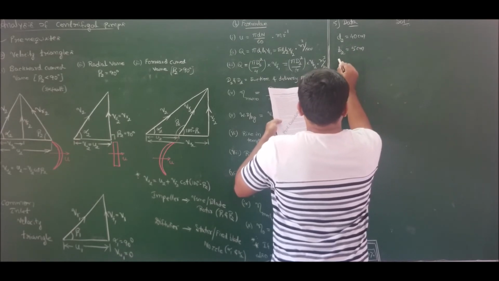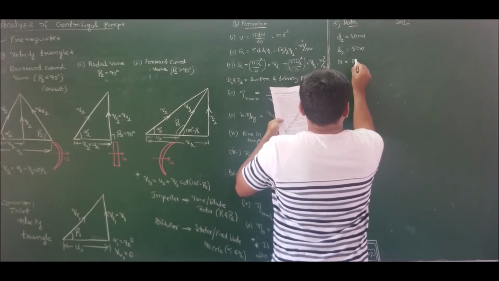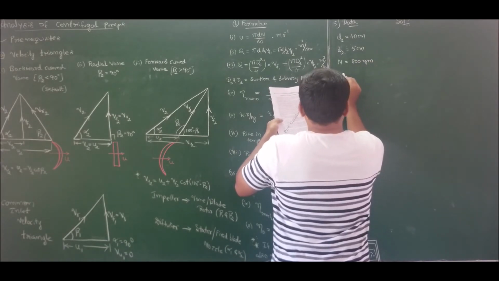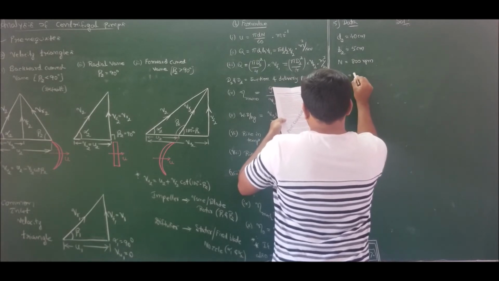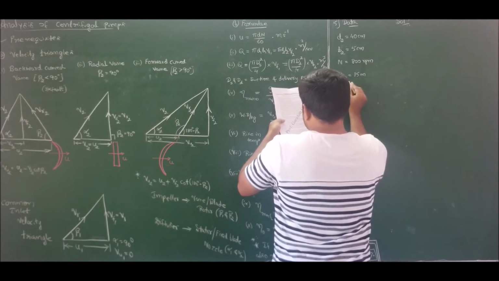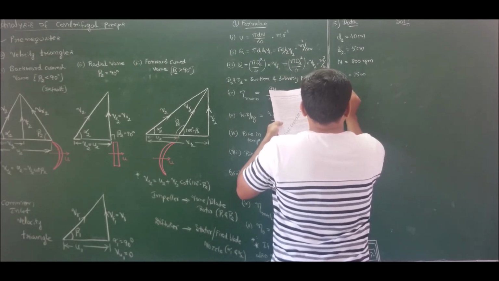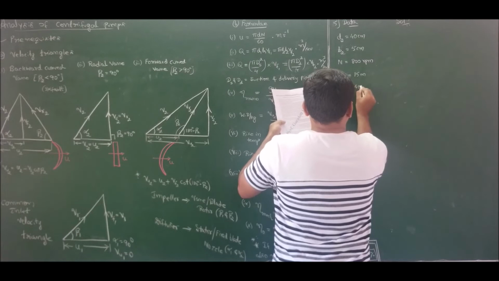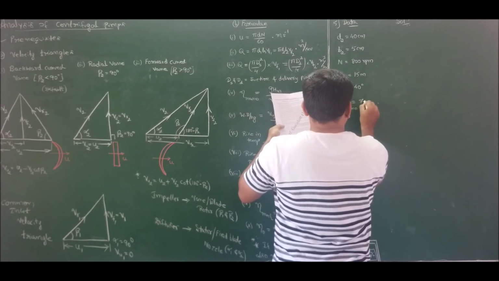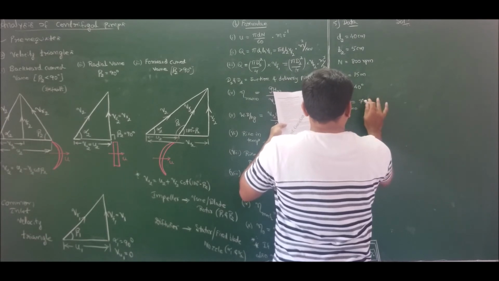The pump is running at 800 rpm, N, and it is working against the total head HM, manometric head, of 15 meters. The vane angle at outlet, that is beta 2, is 40 degrees. Manometric efficiency eta mano is 75%.